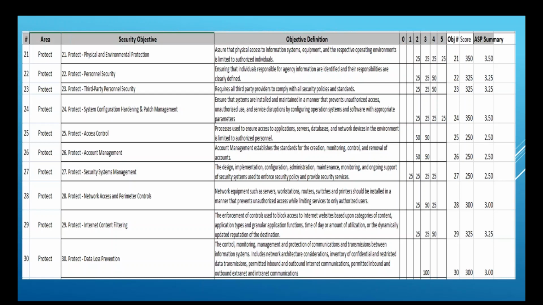Network access and perimeter controls, and that talks about servers, workstations, routers, switches, printers. Are we allowing people to access that need them and keeping those to authorized users only? So we need to take a look at how we're providing networking access to those types of things.